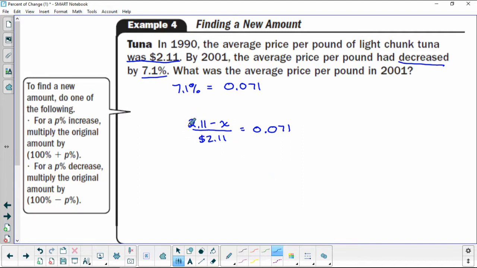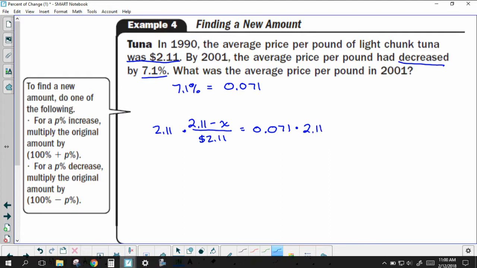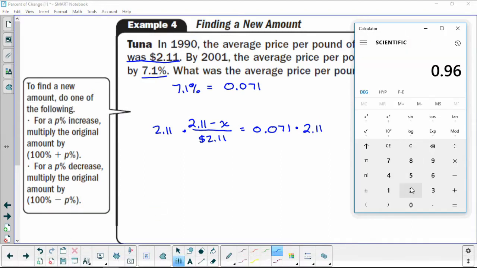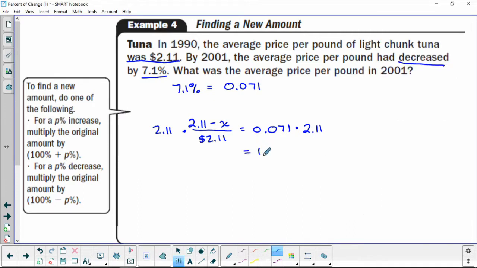So I'm going to figure out this answer. I'm going to multiply both sides by $2.11, which is, oh, that's weird, $0.14981, or $0.14981 is that $2.11 minus x.